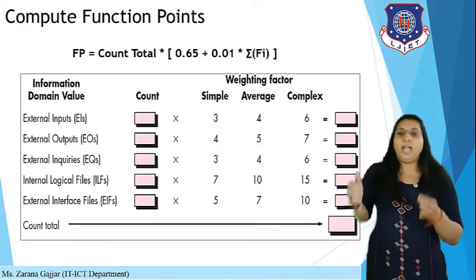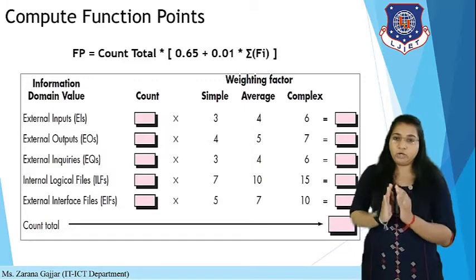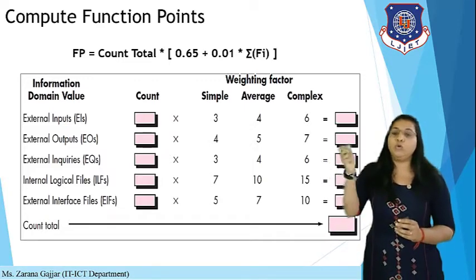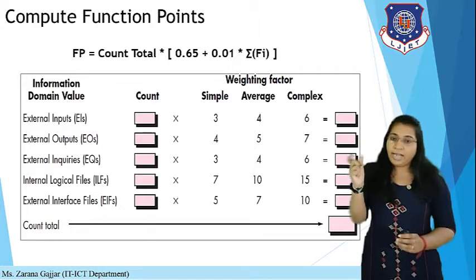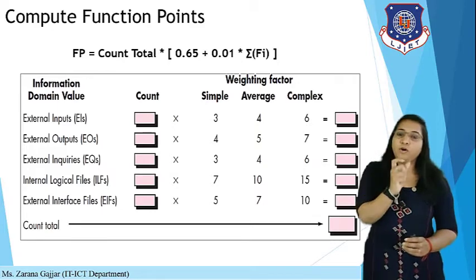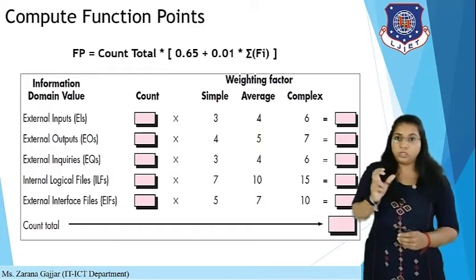Now what is actually the function point calculation? We have already discussed the formula. So FP equals UFP, that means unadjusted function points, multiplied by CAF, that means complexity adjustment factor.